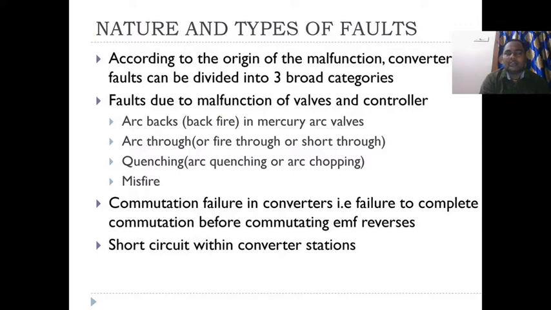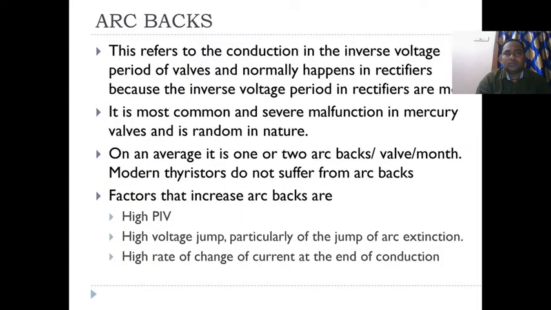Because of the converters and because of the valves, a number of faults occur in HVDC system. So the main fault in HVDC system is arc back or backfire. The name indicates what it is. Normally, any valve or any thyristor conducts whenever the anode is more positive than the cathode.